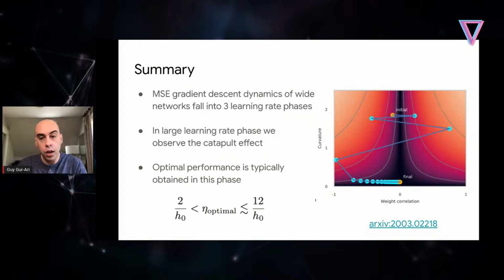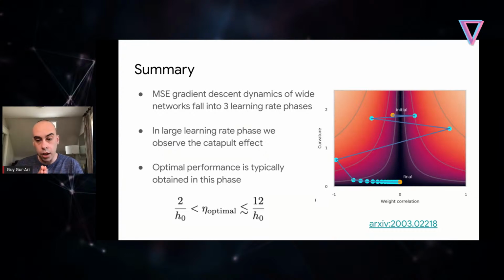We've seen that for mean squared error, when we look at gradient descent dynamics of wide networks, they fall into three distinct learning rate phases. In a small learning rate phase, we have excellent theoretical control. We know that in the infinite width limit, for any learning rate within that window, the model will behave like a linear model, but we typically don't get the best performance there.